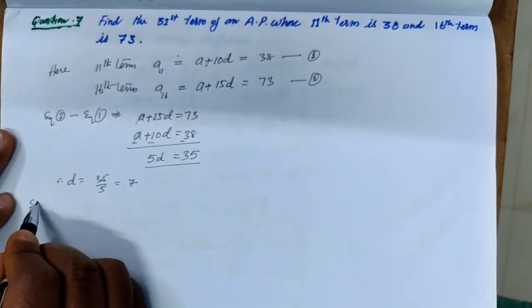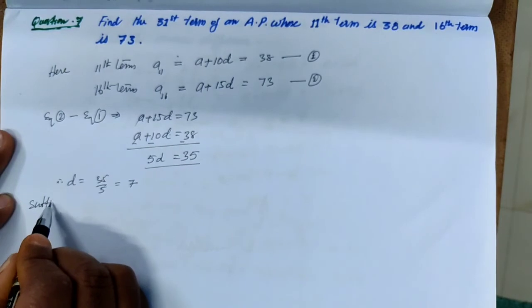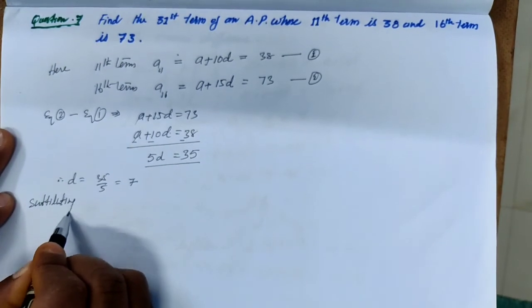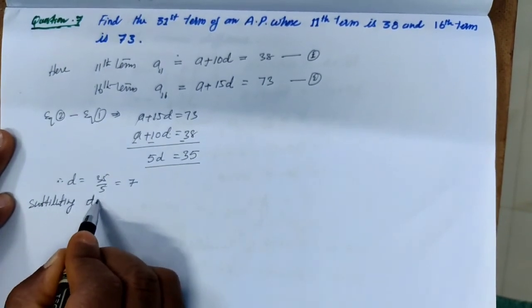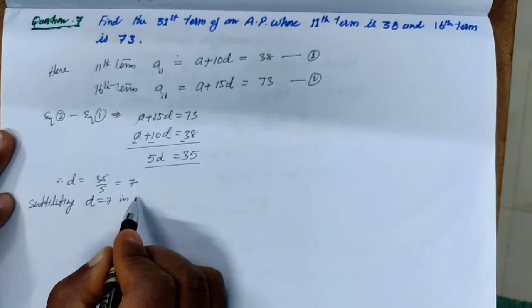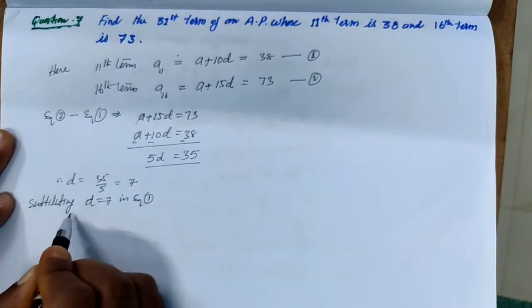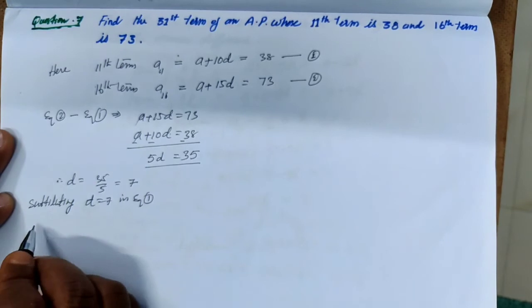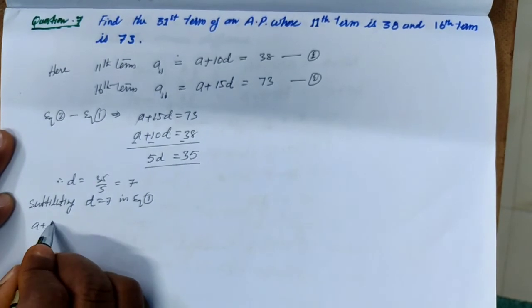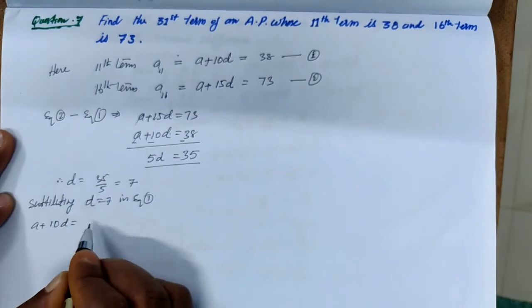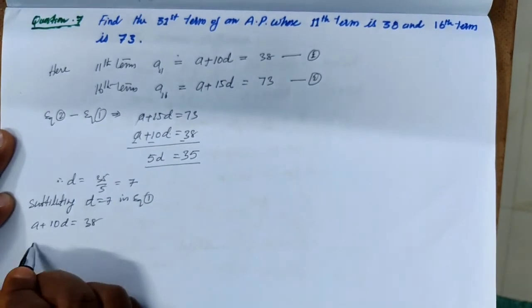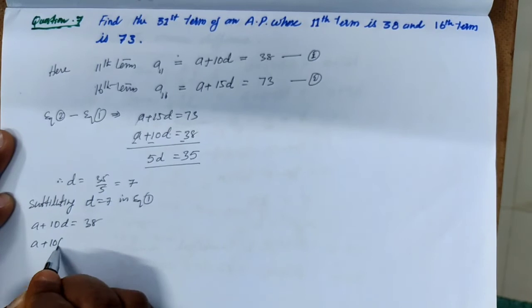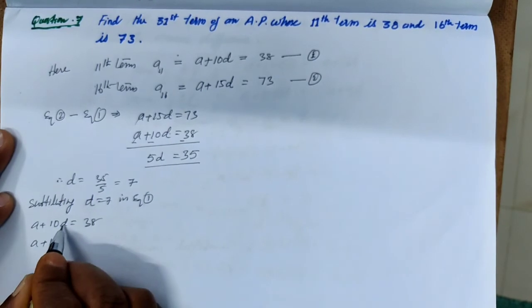The common difference is 7. Now substituting d is equal to 7 in equation 1. So a plus 10d is equal to 38. So a plus 10 into d, where d is 7.